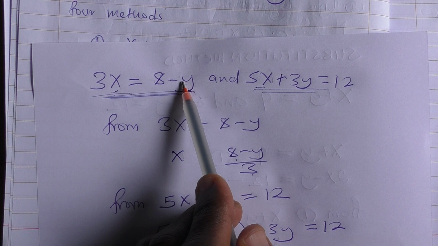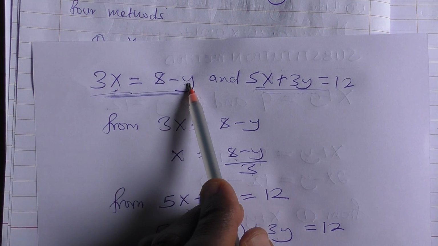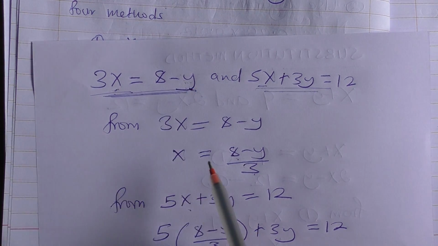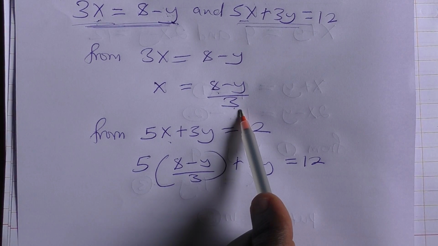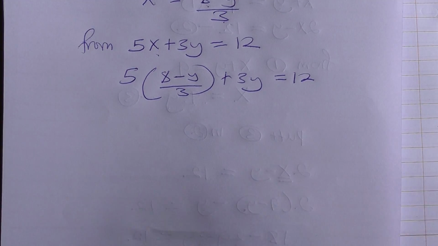The coefficient of y here is a 1, which is silent. So you rather make y the subject to avoid the fraction we got when making x the subject. However, to someone who is well conversant with fractions, it isn't a problem.